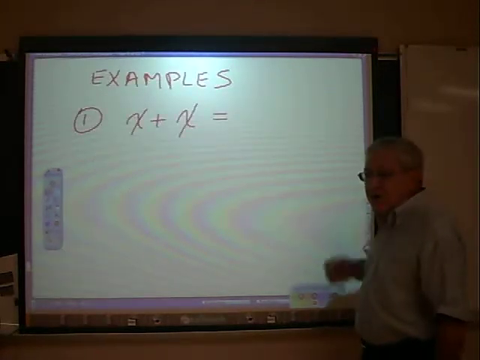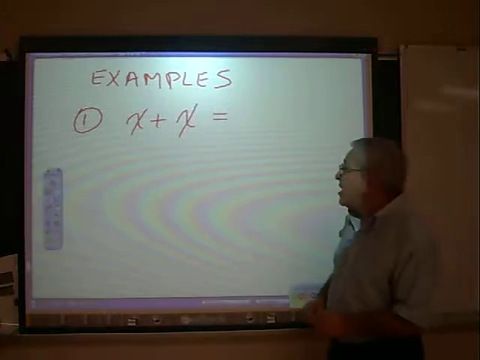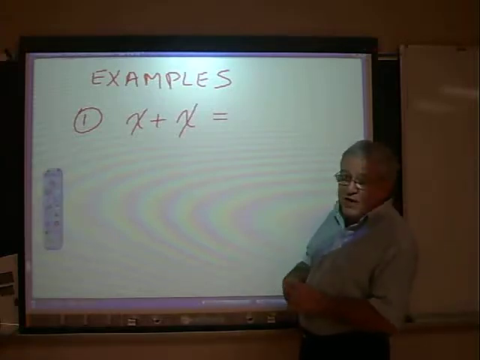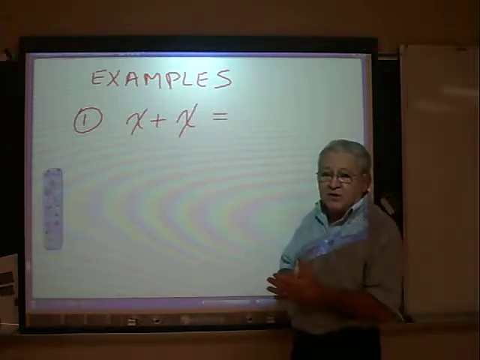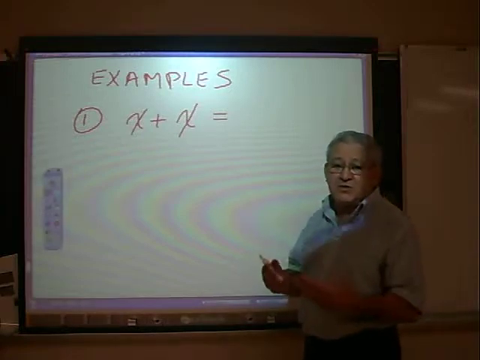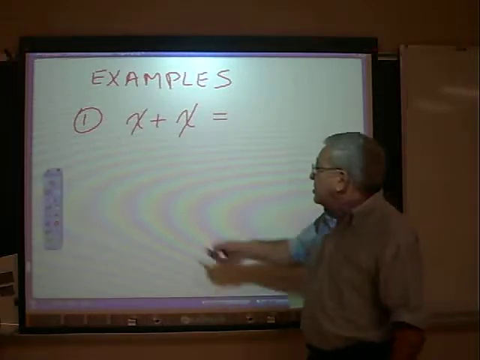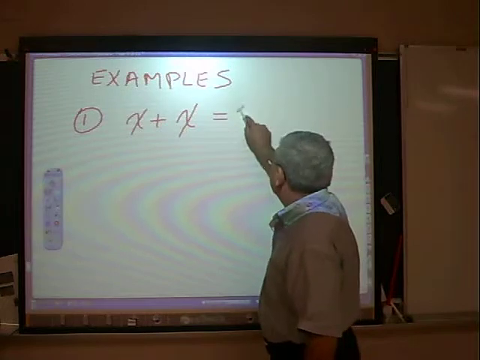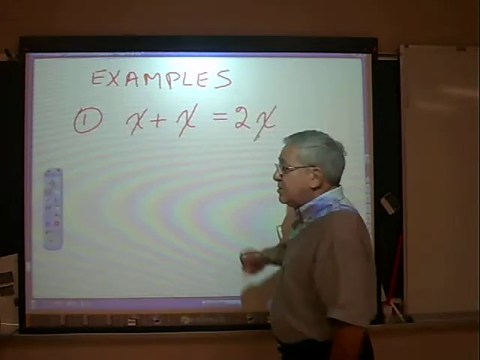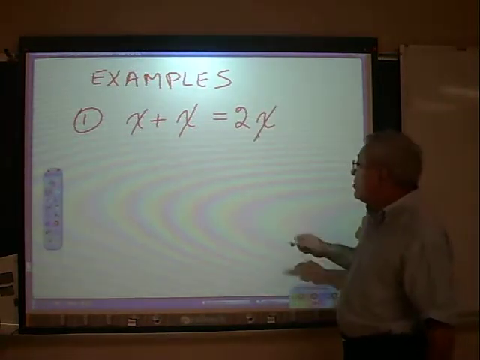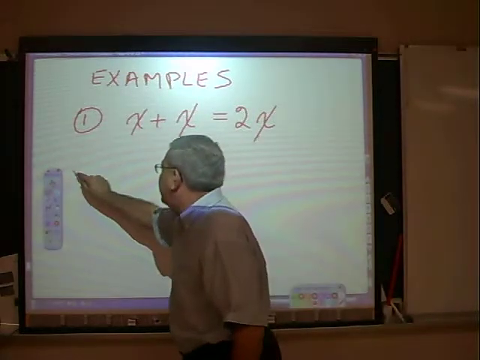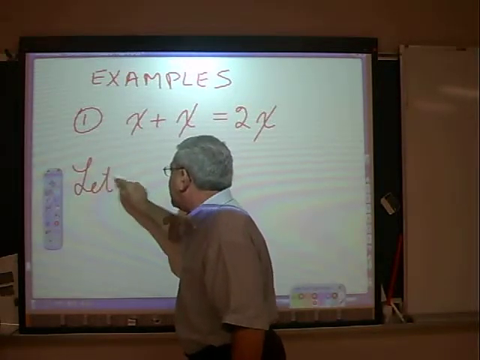Now, here's a couple of examples that we have. If we have x plus x, well, we can think about this as objects. So x could stand for an apple. So an apple plus an apple is 2 apples. And then we prove it with numbers. So say, we just pick a convenient number.